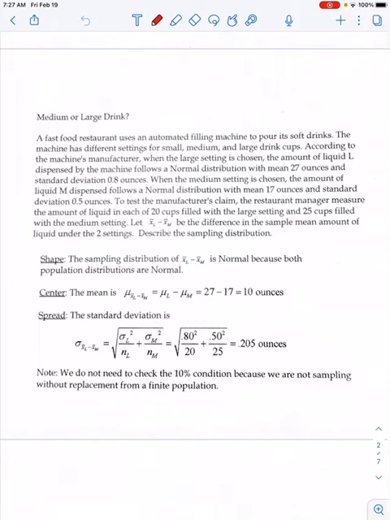I want you to take a second and pause the video and type that in. And make sure you can type that in correctly and get 0.205 ounces. Now, please note that we did not check the 10% condition because we are not sampling without replacement from a finite population.